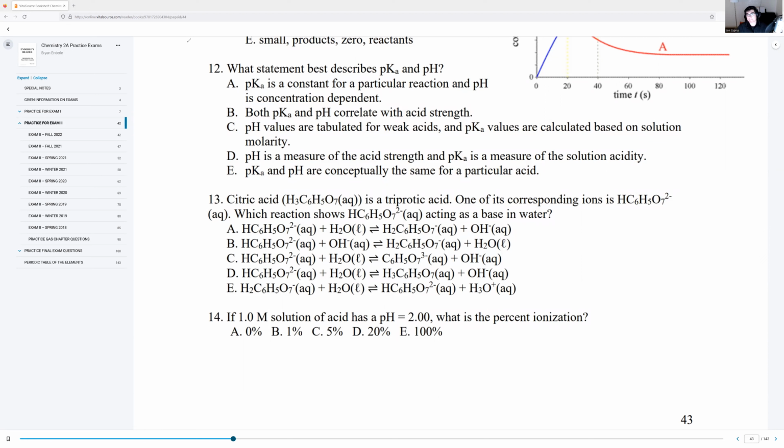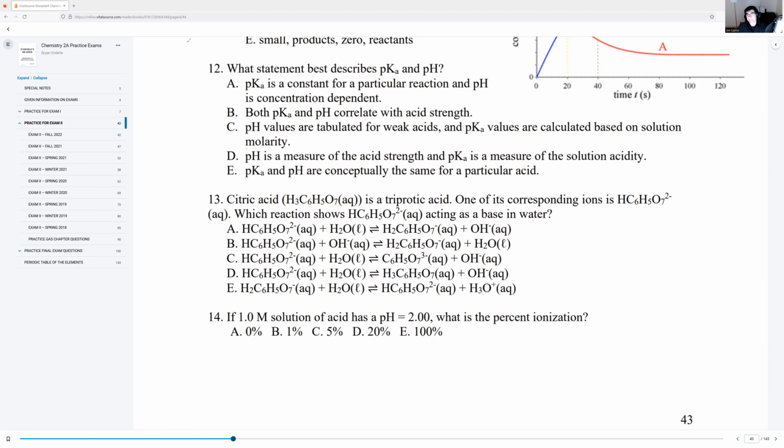pH changes depending on the concentration of hydrogen, as I said. So let's read these answers first. It says pK is a constant for a particular reaction and pH is concentration dependent.